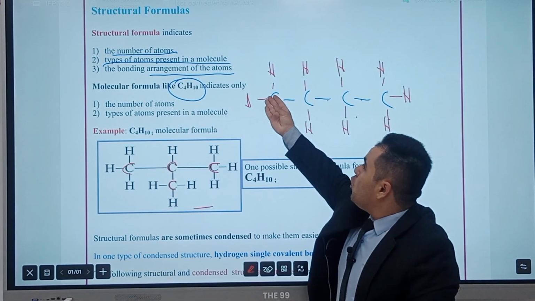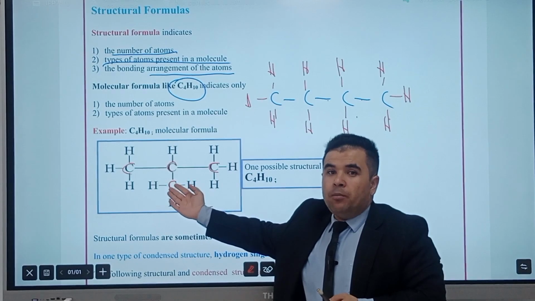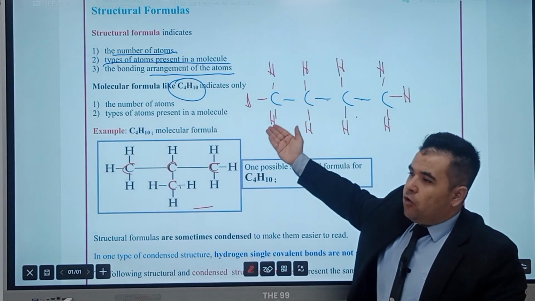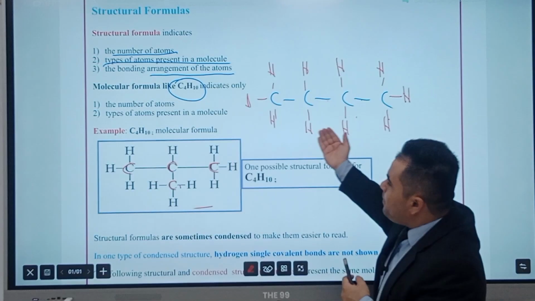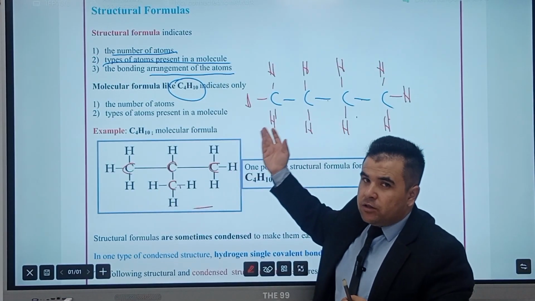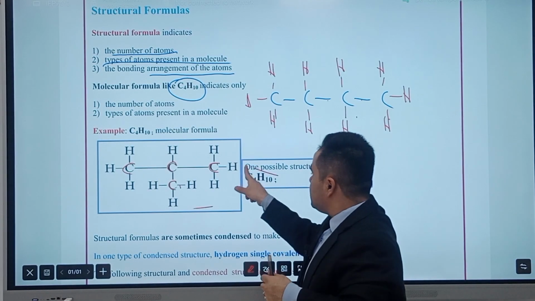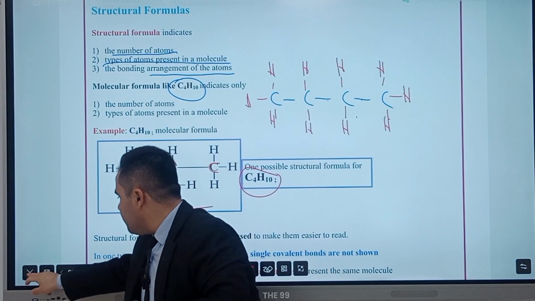Later we will learn to call this butane, and this 2-methyl propane. They are isomers of each other, because the shapes are different, the names are different, and the properties are different, but they have the same molecular formula, which is C4H10.